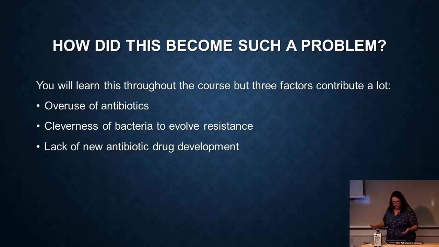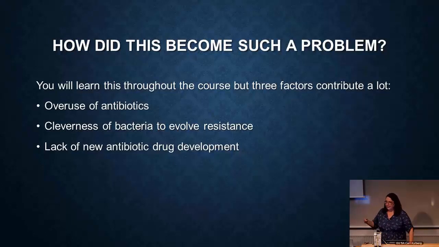I picked out 3 that were my top list, but you could argue that something else should be added to my list. And we'll talk about many of these things during the course. So overuse of antibiotics, which several of you mentioned in many different ways. One thing that you didn't mention is how clever bacteria are in evolving resistance.